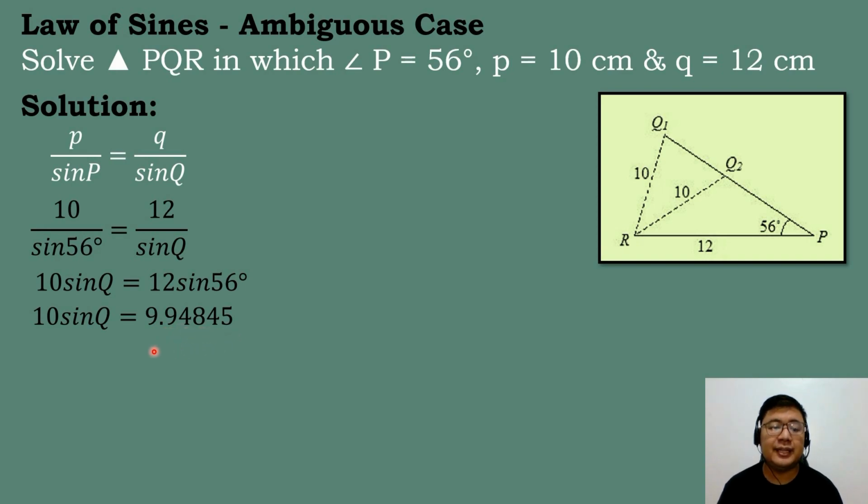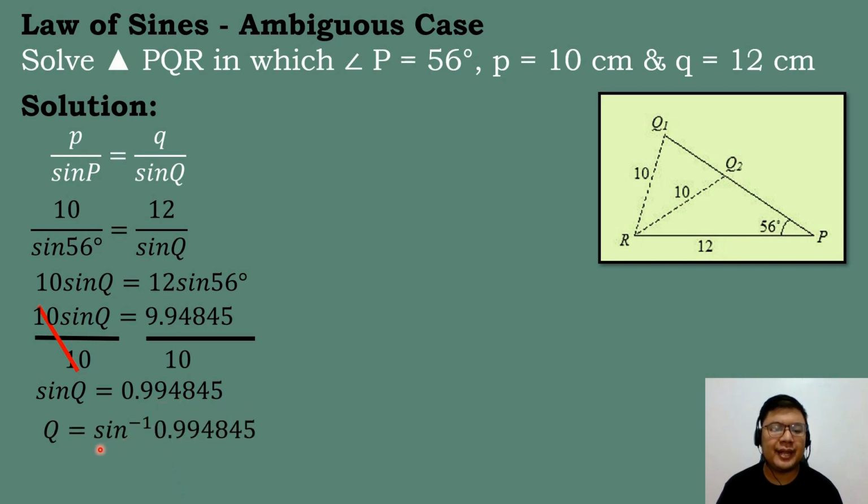Press this on your calculator: 12 sine 56 degrees is equal to 9.94845. Then we will divide both sides by 10, so this will be cancelled out. Then sine Q is equal to 9.94845 divided by 10, which is 0.994845. Then we get the arc sine of 0.994845.